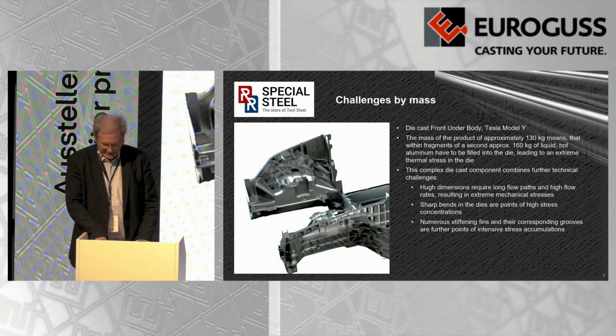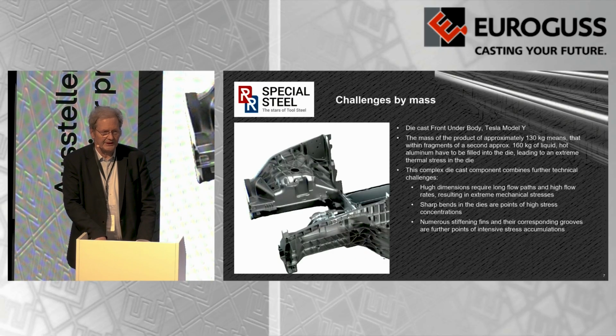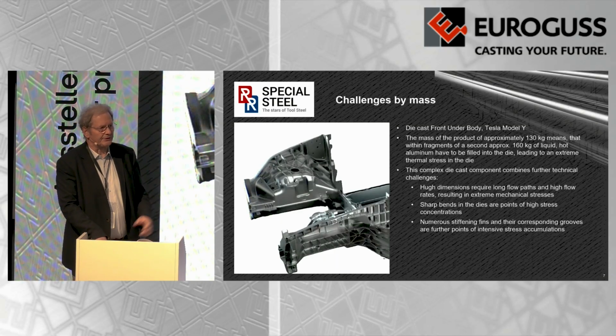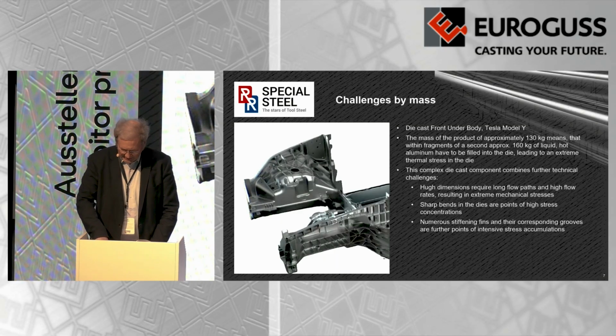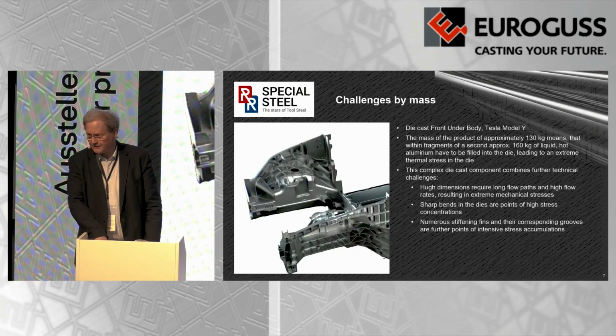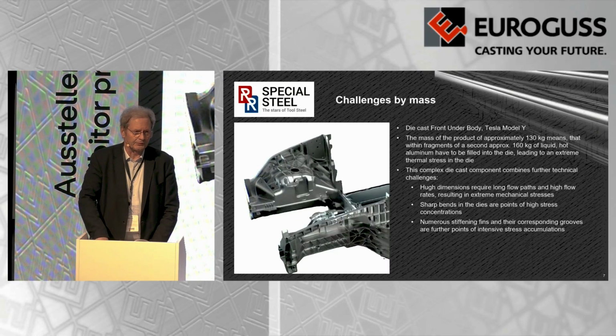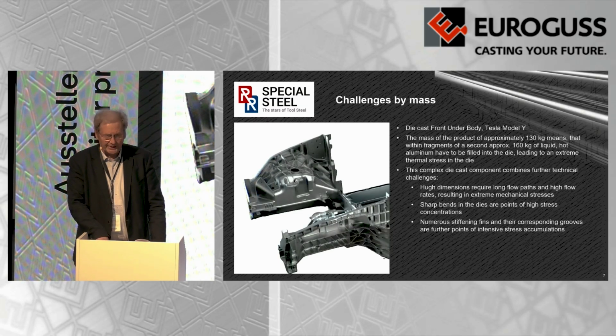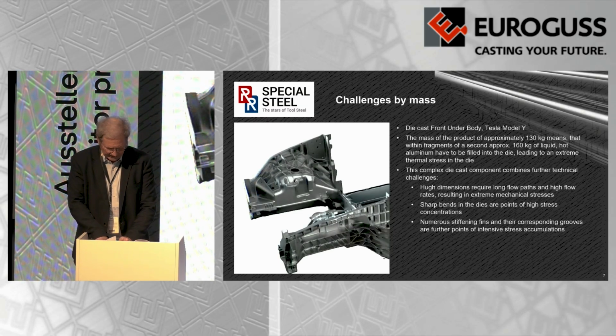And if you imagine that these 160 kgs of liquid aluminum with a temperature of more than 720 degrees have to be shot into the die within a fragment of a second, you can certainly imagine how high the flow rates are and how extreme the mechanical and thermal stresses will be in the die. And to withstand these high impacts, the die steel must have a high tempering resistance again. It must have a good high temperature strength and excellent impact toughness.